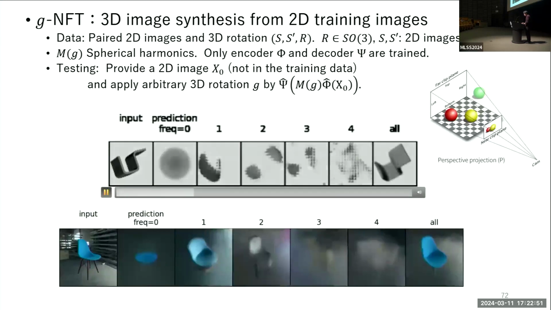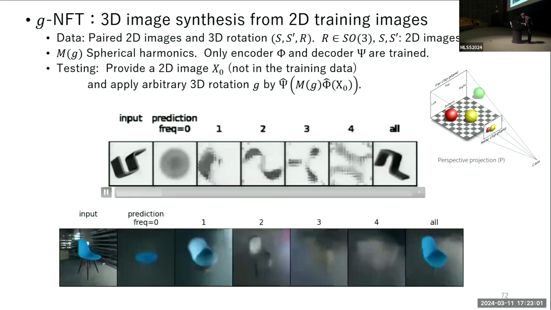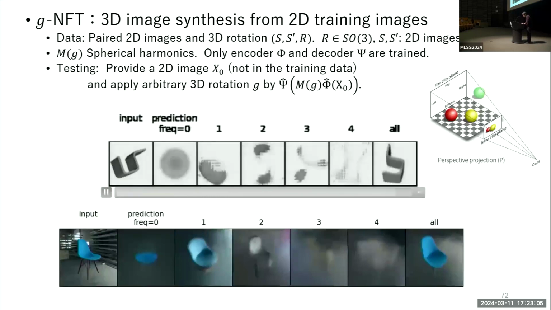And here are examples. This part, denoted by prediction frequency, is the harmonic functions in the middle.